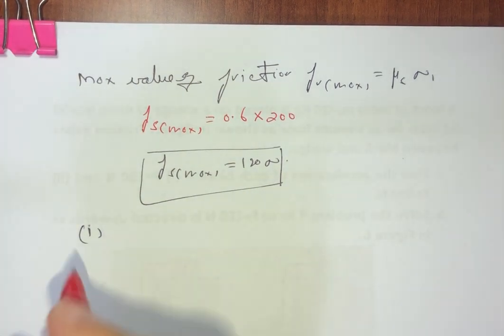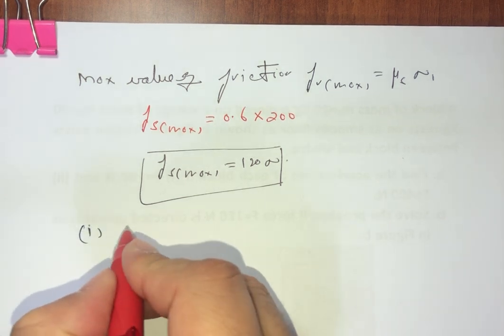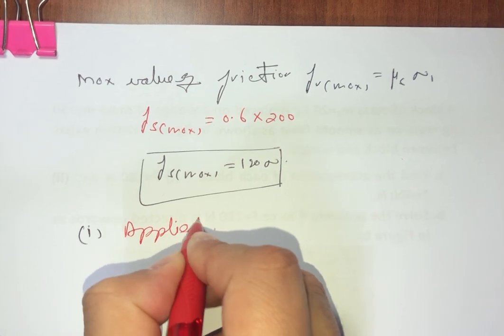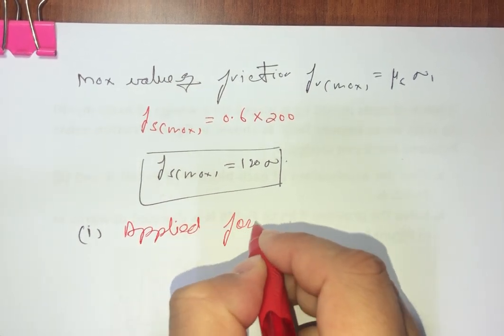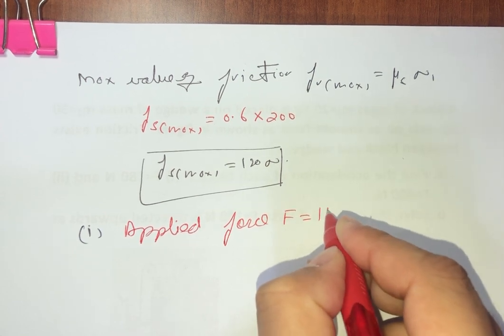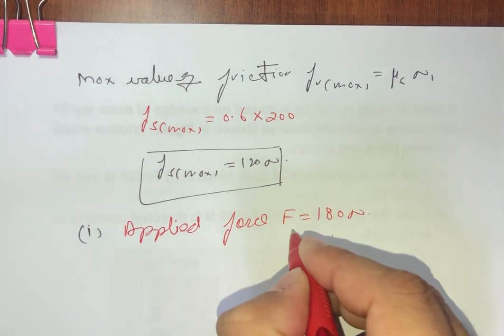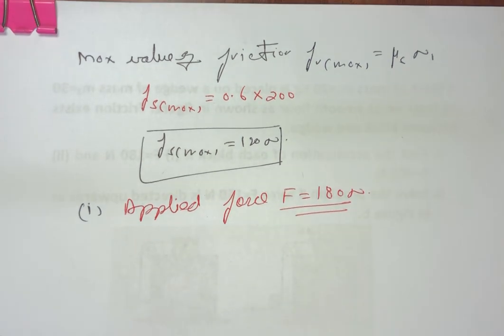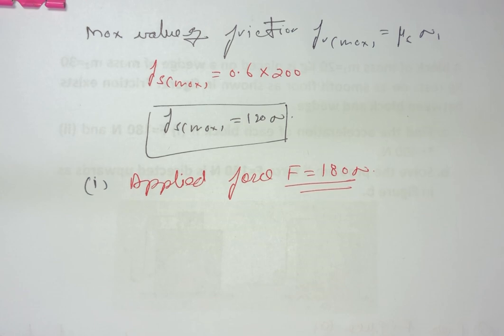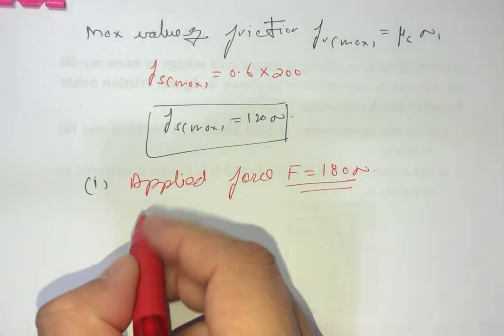Applied force F is 180 Newton. So for this force F, we try to find out what will be our Fr, because we already know the relationship.